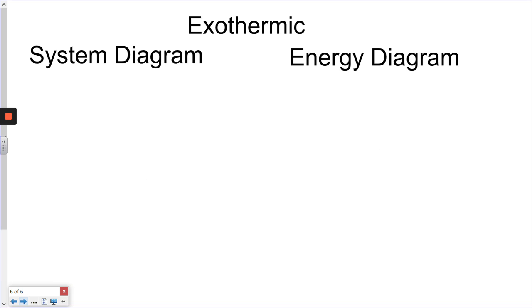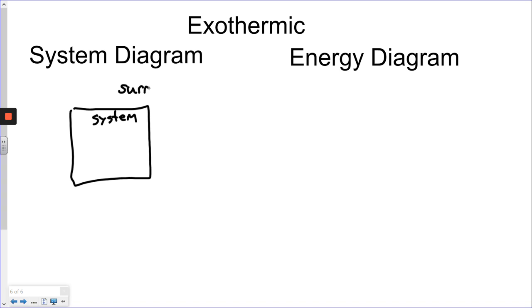Now, if we look at an exothermic reaction, it's going to be very similar. We have for our system diagram, the system, which again is just going to be represented by a box. And everything outside of the system is just going to be called our surroundings.